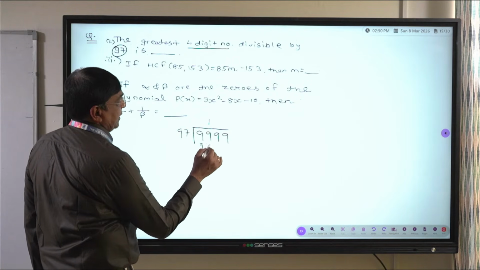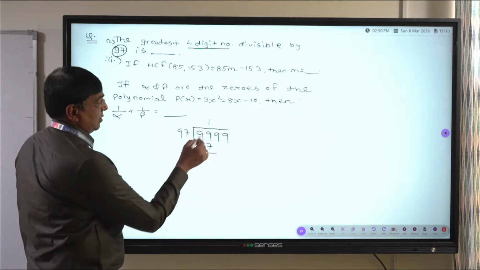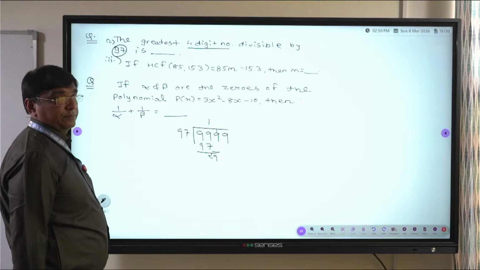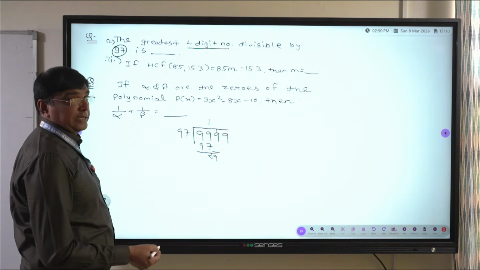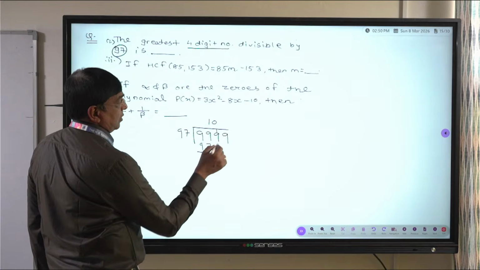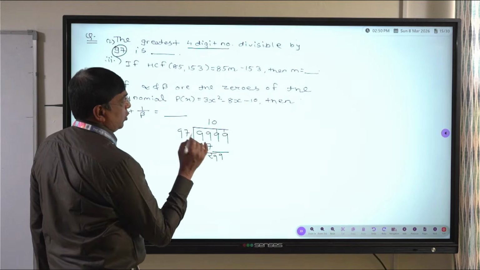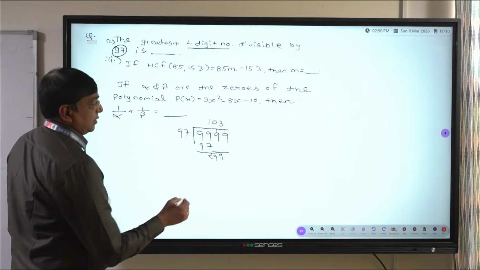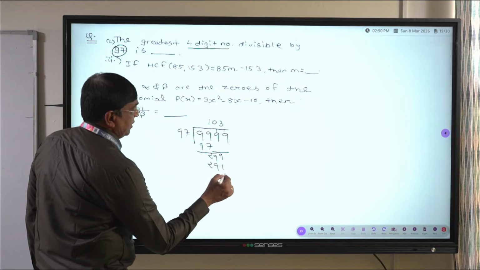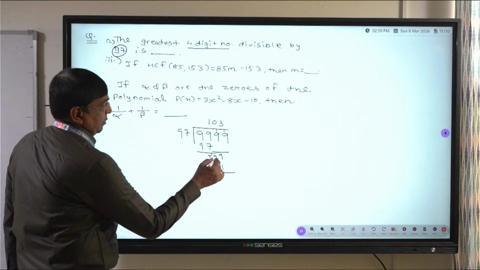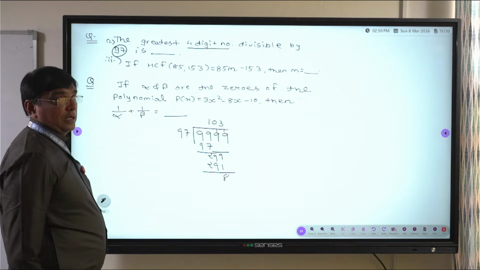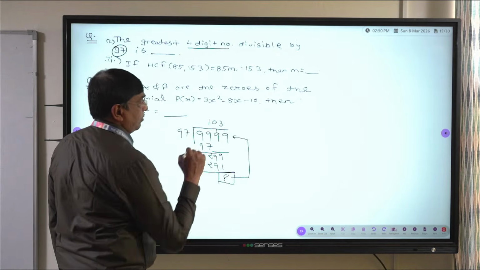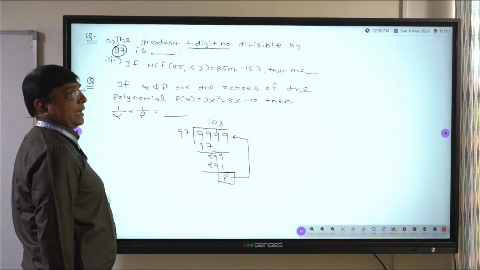97 ones are 97. Taking 9, so 29. Not divisible by 97, so 0. Again 9, 299. So 97 threes are 291. Remainder is 8. That remainder you have to subtract from 9999.